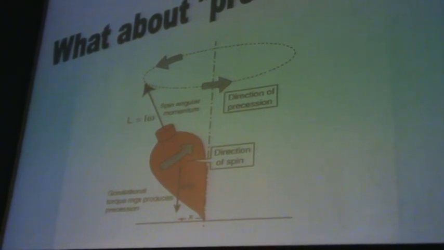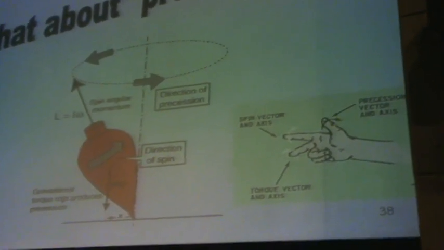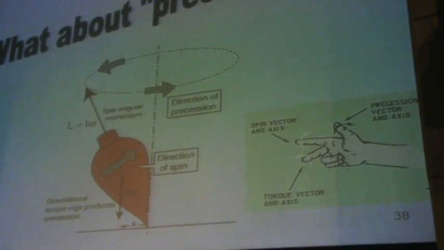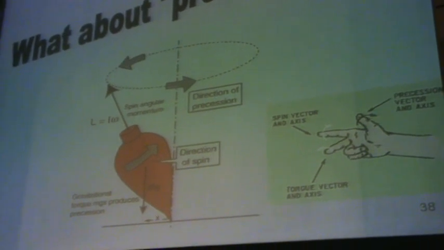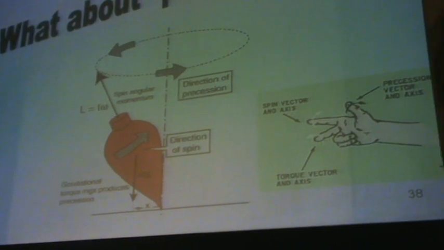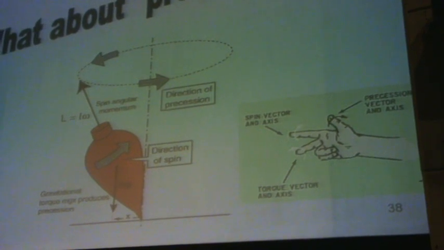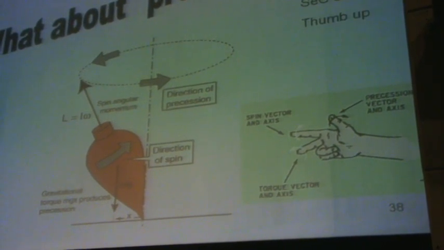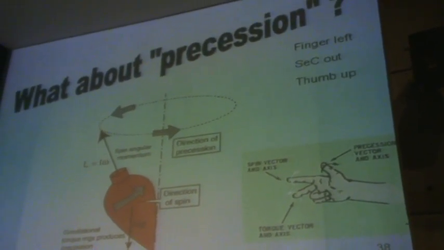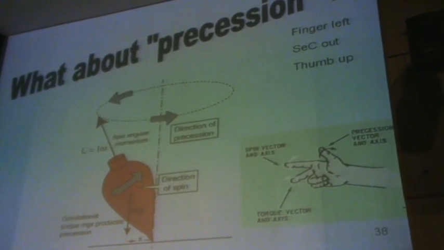In this case, it's the horizontal component of the momentum, going in that direction because it's spinning that way. The couple of gravity is an anti-clockwise couple. You can click next. The second finger, which stands for the couple, is out, and the thumbs up means that you get a precession in that direction.